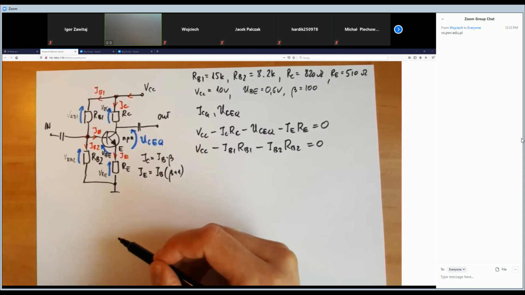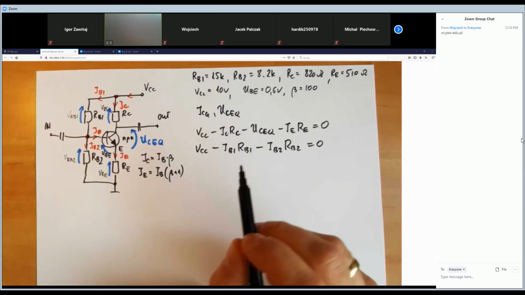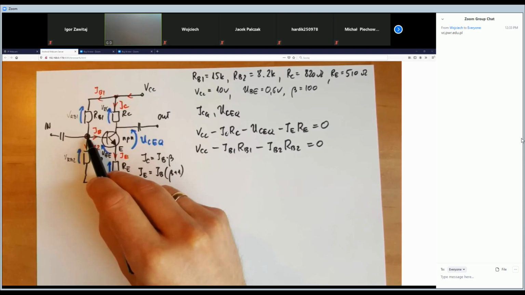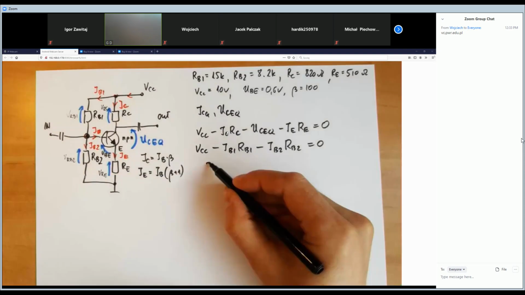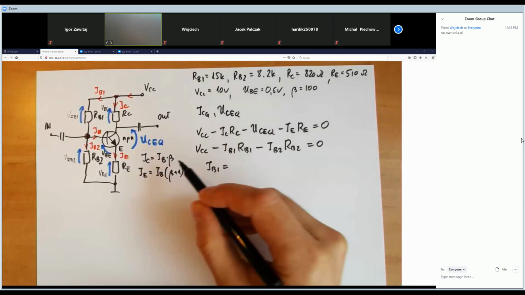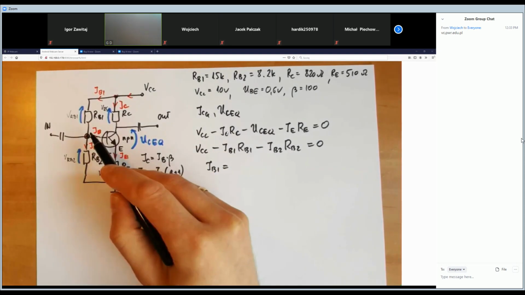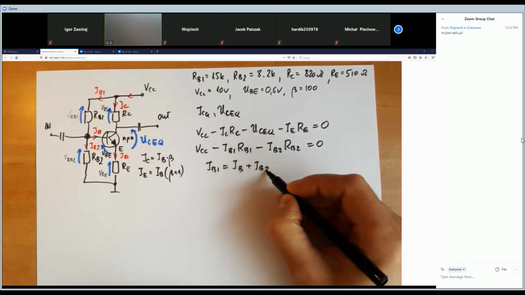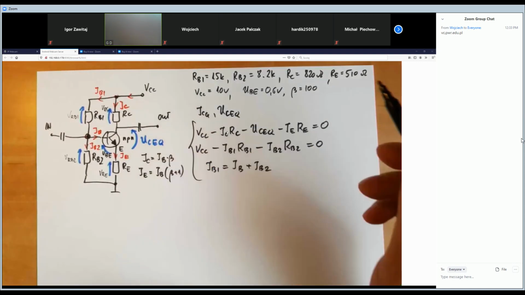And one more thing. For this junction, according to the Kirchhoff current law, IB1 should be equal to the sum of these two currents which are leaving this junction, IB plus IB2.